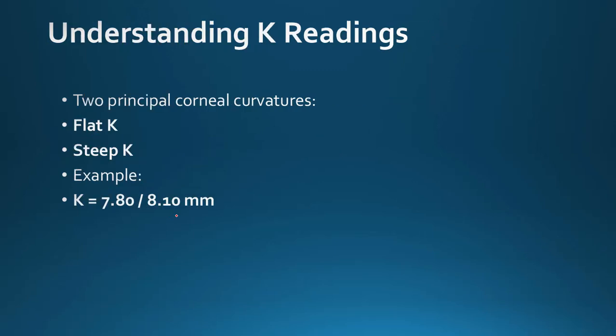Understanding K readings. Usually K readings are measured in two principal corneal meridians. These two meridians are represented normally as K1 and K2, and usually the flattest surface is represented by the K1 and steeper surface is represented by the K2, and they are written in this manner.